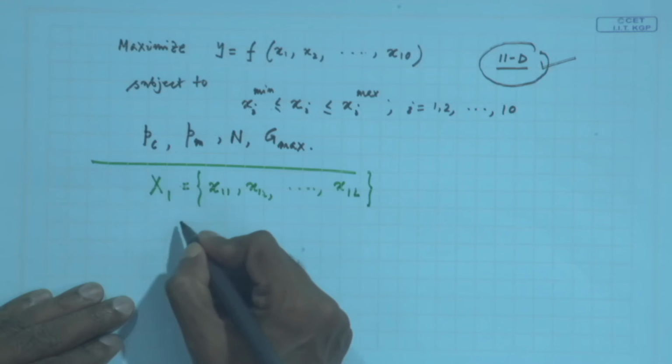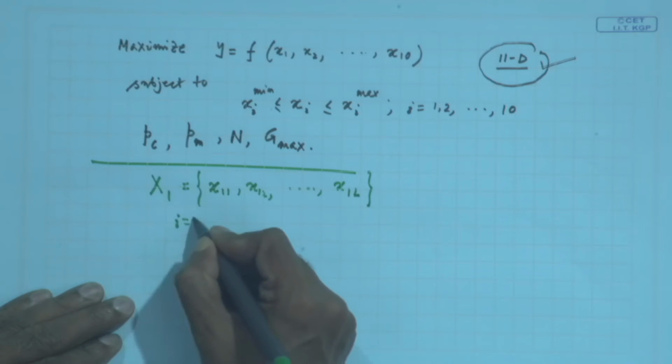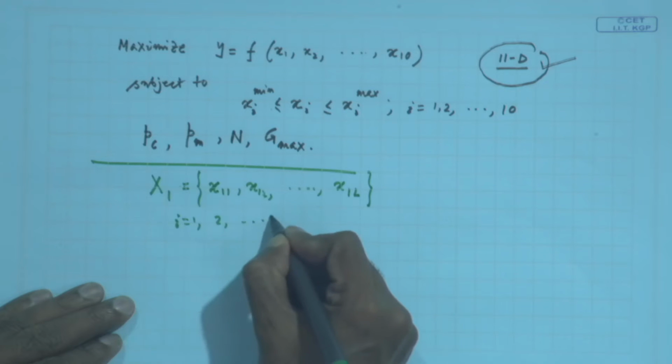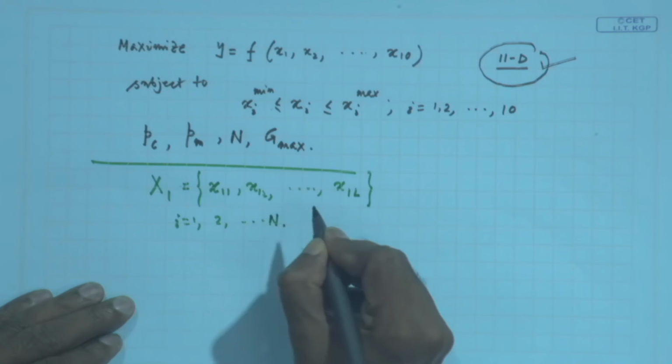Similarly, i equals 1, 2, up to n, so capital N data points, and each data point has L dimensions.